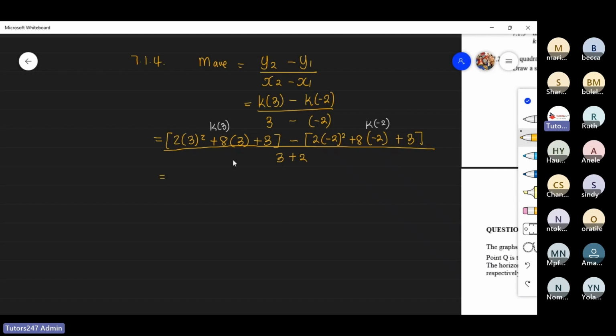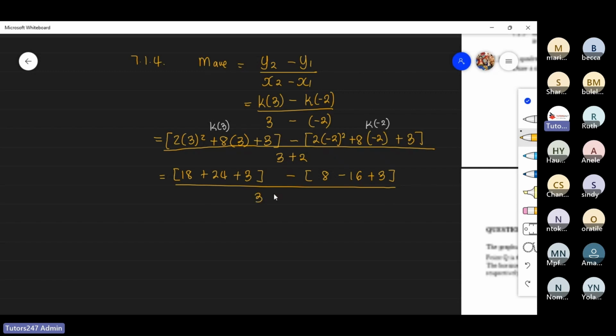Now from here we can put all of this into our calculator. So 3 squared is going to give us 9. 9 times 2 is 18. 18 plus 8 times 3 is 24, so that's 18 plus 24 plus 3, minus 2 times 4 which is 8, then 8 times -2, which will give us -16, plus 3.